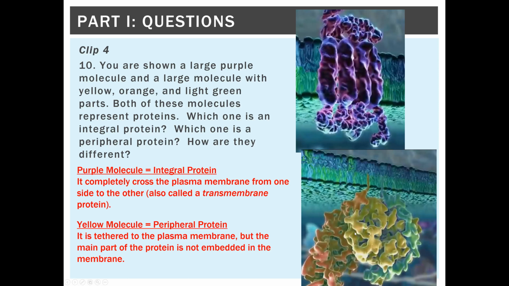It's tethered to the plasma membrane, so we can see where it actually has a slight attachment, but the majority of the protein is not actually embedded in the membrane. It just sits very close to the surface. So that's the difference between the two: integral proteins are embedded into the membrane, whereas peripheral proteins are associated with the membrane but not embedded into it.